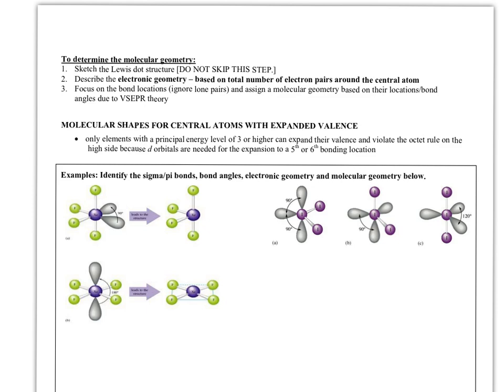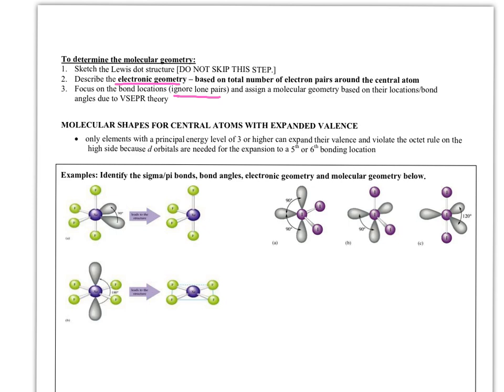So the first thing you want to do is describe the electron geometry, and that would be the total pairs around the center. Then focus on the atoms and where they are, ignoring the lone pairs, to figure out your molecular geometry. You can also figure out the bond angles with that as well.